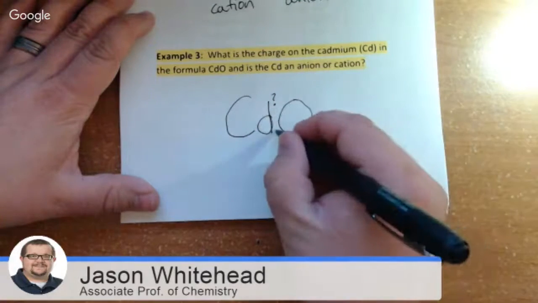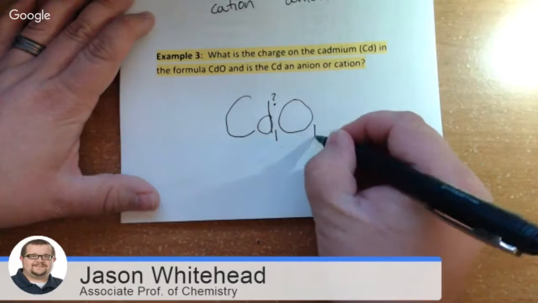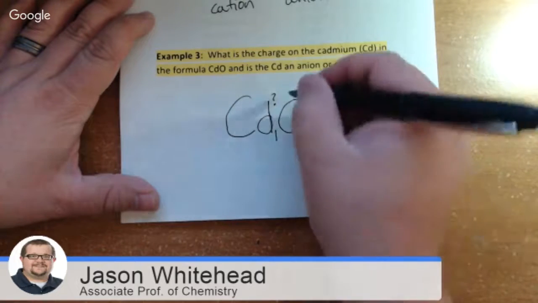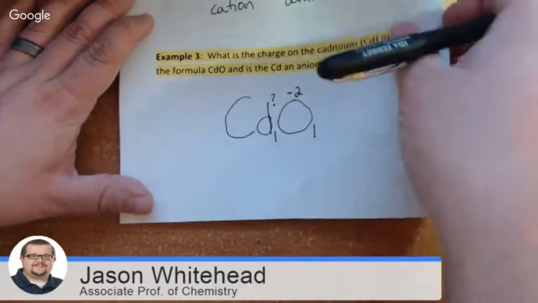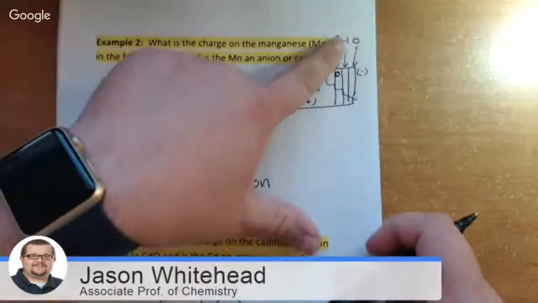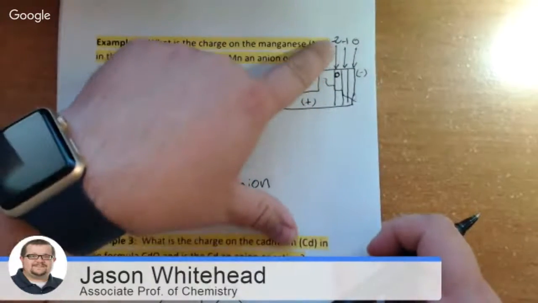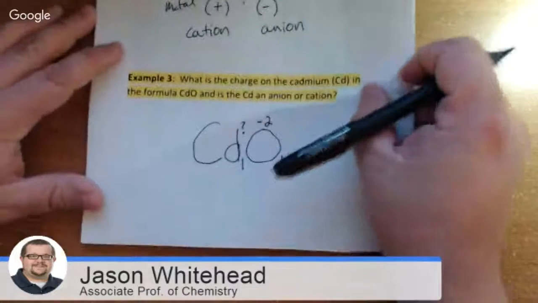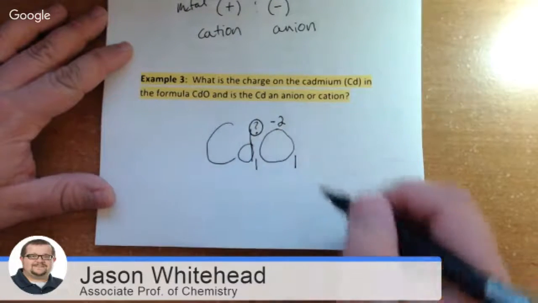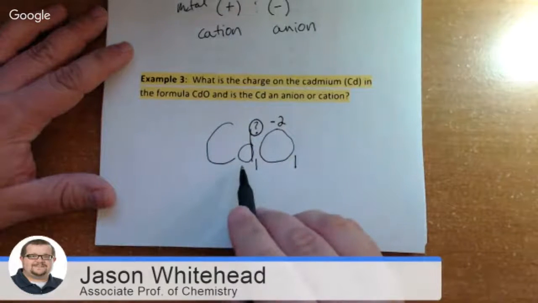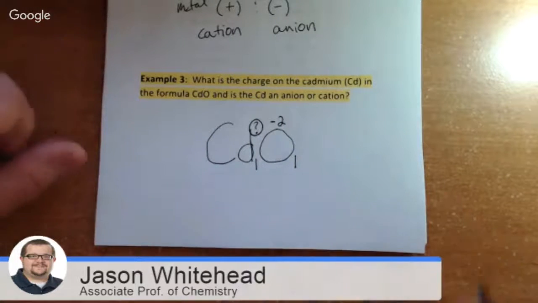Now we know we have 1 cadmium and 1 oxygen, and based on what we did in the last problem, oxygen, just because of where it is in the periodic table, is going to have a -2 charge. So take a look at this, figure out what the charge should be on that cadmium, and type it out in chat when you're ready.